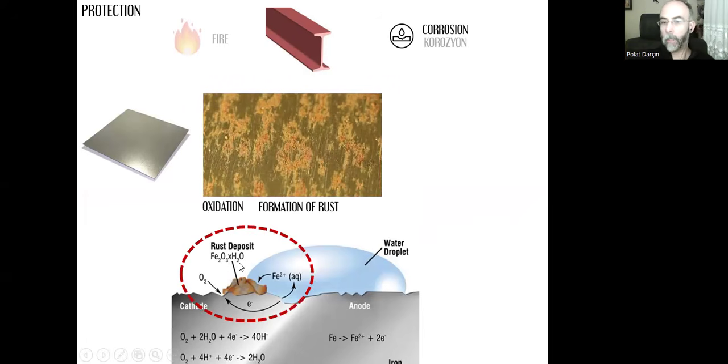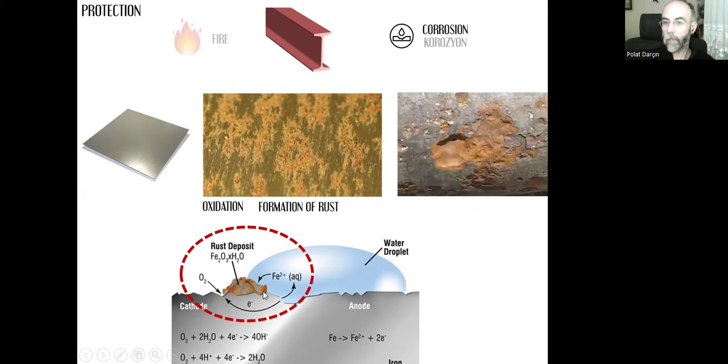That's how the rust is created because of this redox reaction. A new chemical substance is being created and it just flies away. It vanishes into thin air. All these gaps are caused because of the flying away rust.